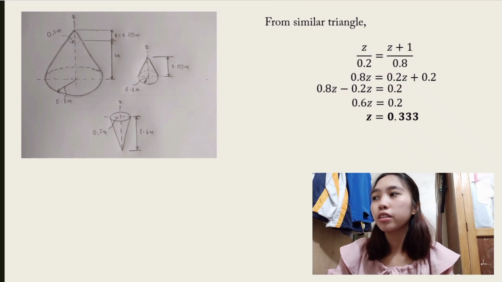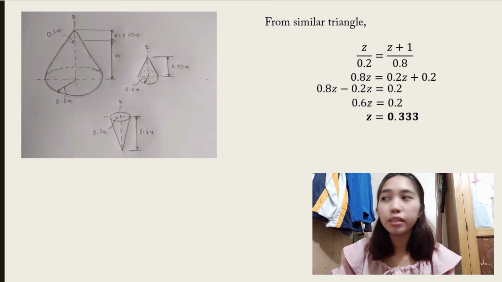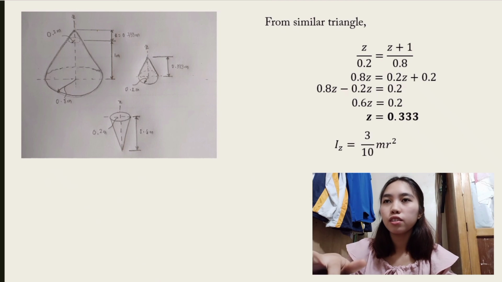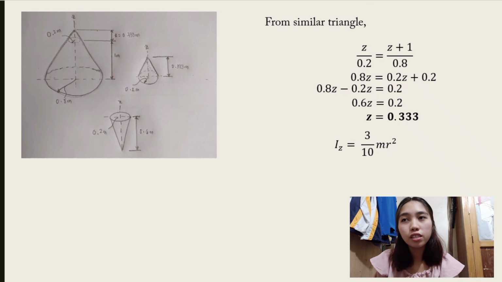So the mass moment of inertia of each cone can be determined using this formula. Inertia along z-axis is equal to 3 over 10 mass times the radius squared.